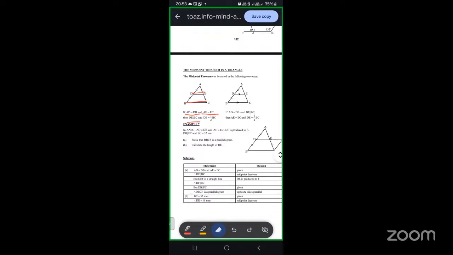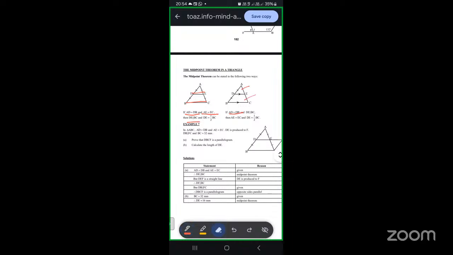ABC, and DE is parallel to BC now. They are saying, if you are given that AD is equal to DB, only this side on AB, you are not given that this is equal to that on the other side.